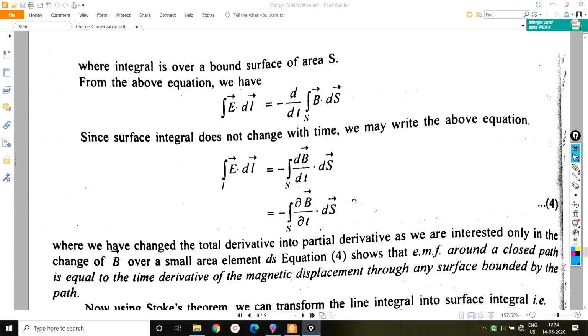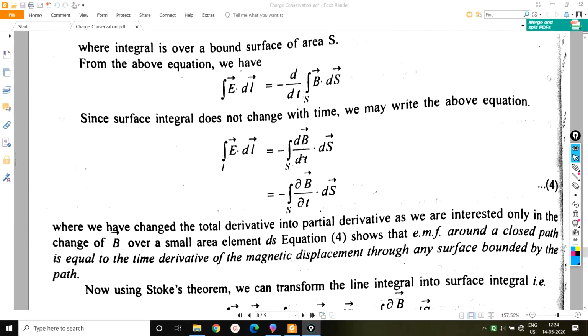Again, here this full derivative is converted to a partial derivative. Why? Because we are interested only in the change of B over the small area element ds in this equation.